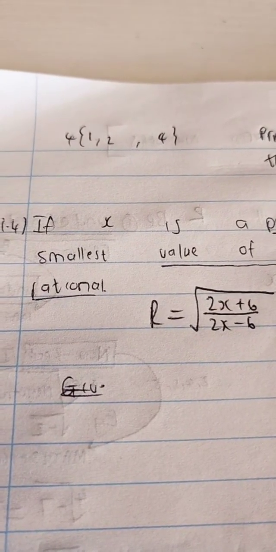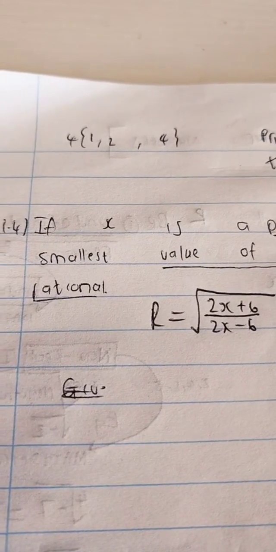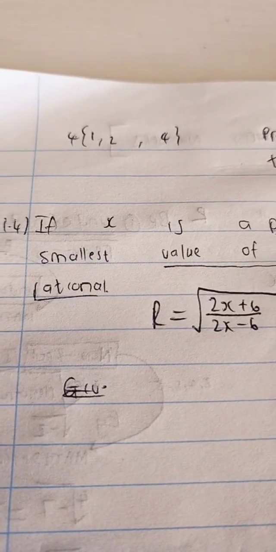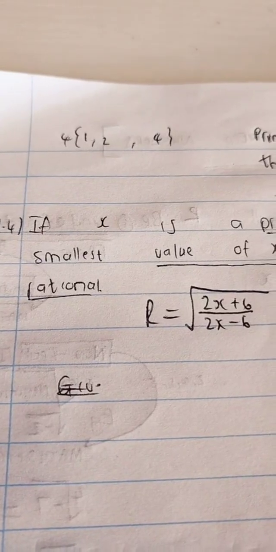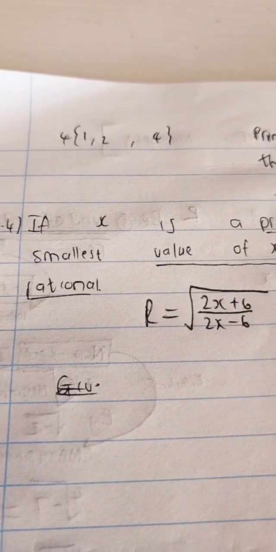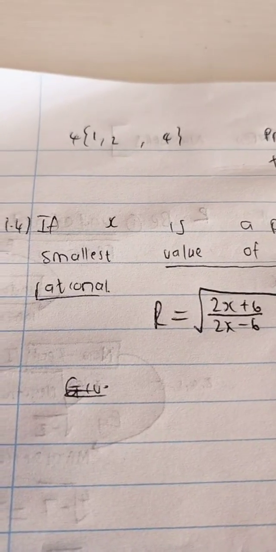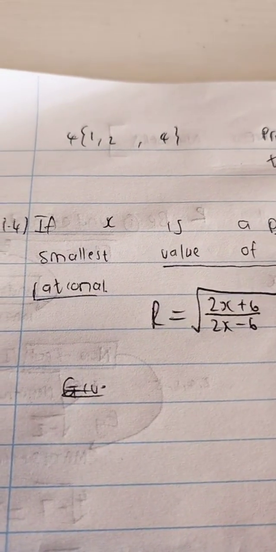Integers are both positive and negative whole numbers. So if you have your whole numbers 0, 1, 2, 3, 4, 5, 6, your negative numbers as well, by extension, negative 1, negative 2, negative 3, negative 4, negative 5, we are increasing and decreasing by 1. These are our integers.